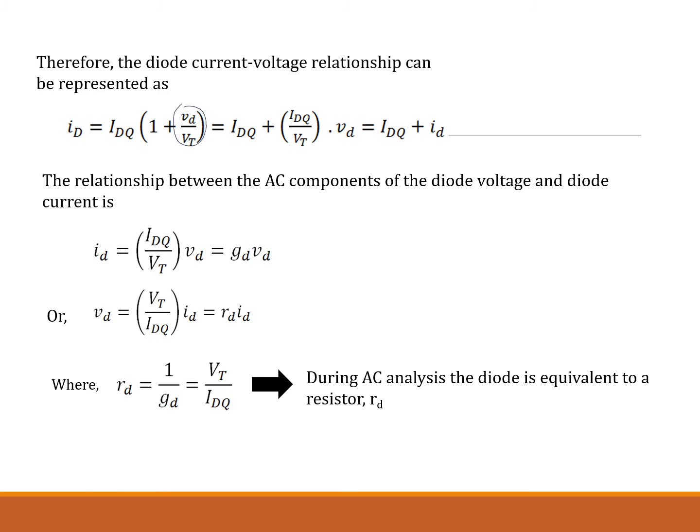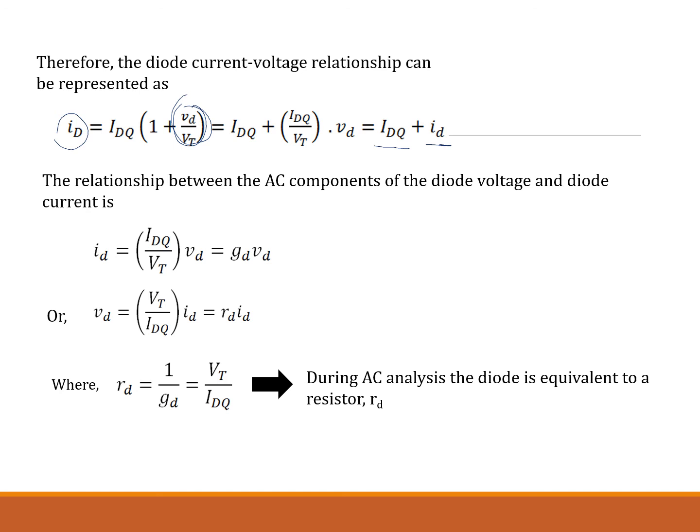So the total ID will have the DC component IDQ and the ID of the AC component, where this ID is from this equation. The relationship between the AC component of diode voltage and diode current is like this.